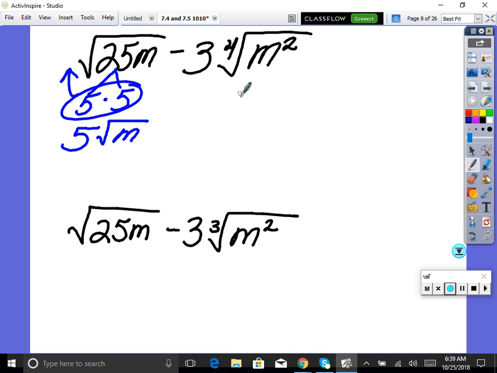Here's why. In this particular problem, this can be simplified in a sense, because what can that be rewritten as? Isn't that m to a fractional exponent? Roots go on bottom, power goes on top. So that's actually m to the 1/2, right, everyone?